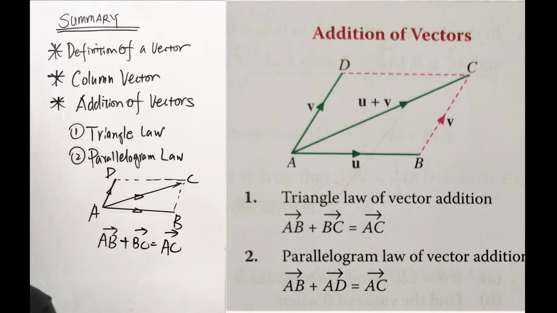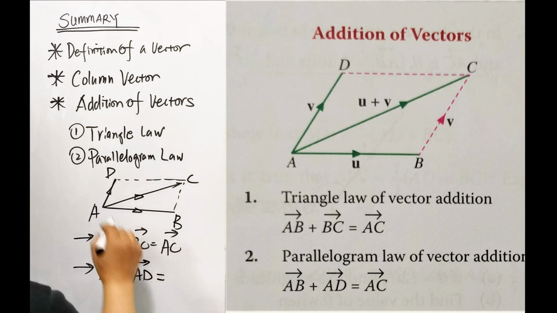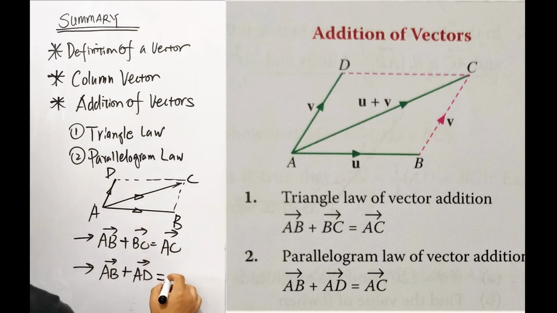AC, right? So this is the triangle law. The other one we also know is the parallelogram law: AB plus AD equals AC, right? So that is two very important laws. That is what we learned in the previous lesson, right? Okay, let's continue.